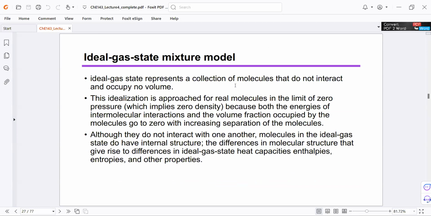Here, last time we dealt with the ideal gas state mixture model, and we said that there are simplifying assumptions to make the calculations easier, and it's the same way for the ideal solution model. So there are also the same or similar simplifying assumptions.